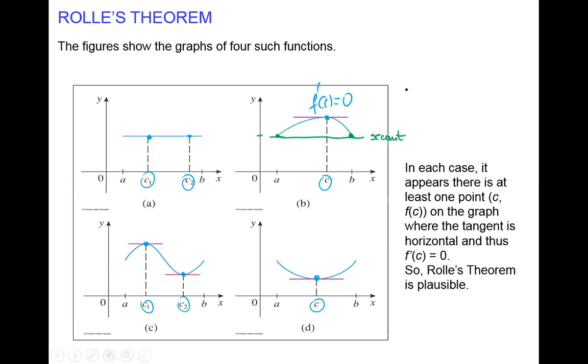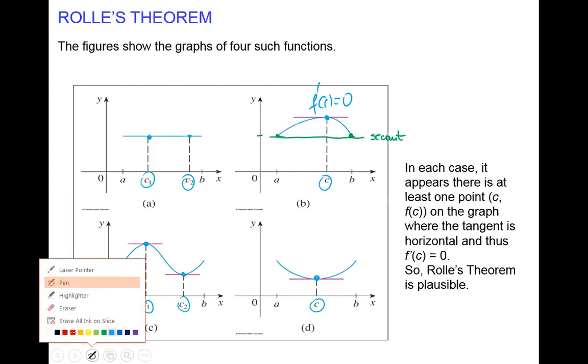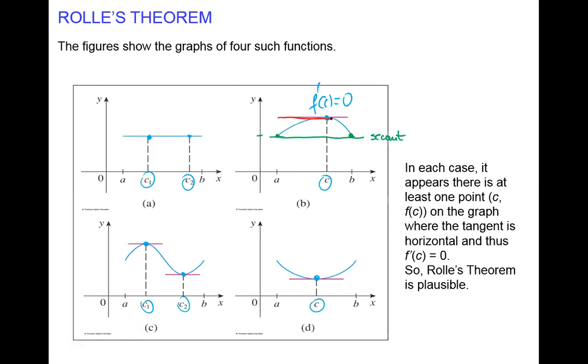We can see the secant is horizontal, and I can find at least 1 point where I can draw a tangent line, which will also be horizontal, or parallel. That means both tangent line and secant are parallel to each other. Since this was horizontal, this is horizontal, and the slope is 0, and the derivative is 0. That's a kind of chain of properties.